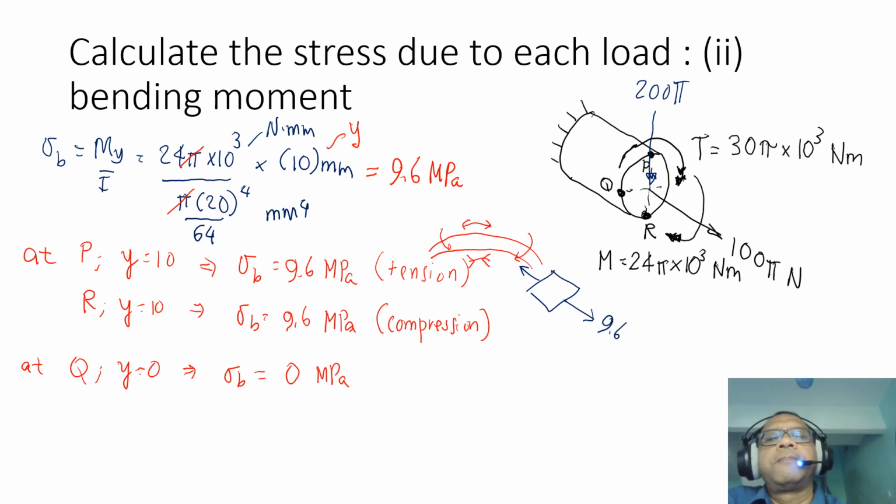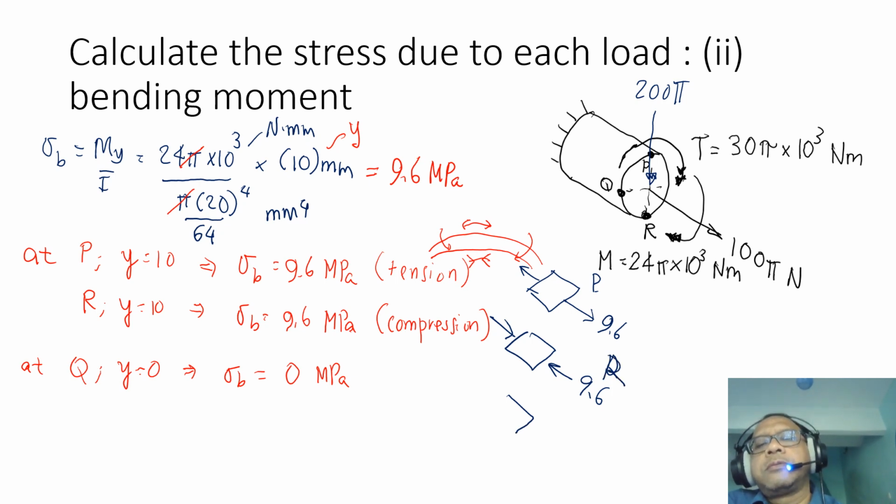Oh, sorry, yeah. And then this is at P, and this is at Q, 9.6 in compression. This is at Q, and then, sorry, this is at R, and at Q there's nothing, it's 0.